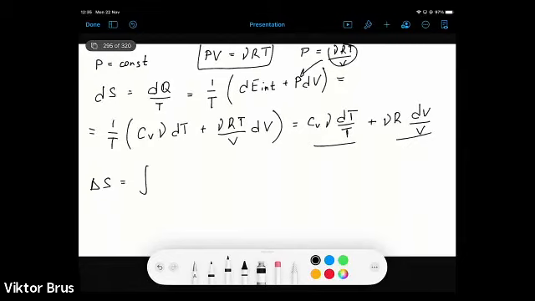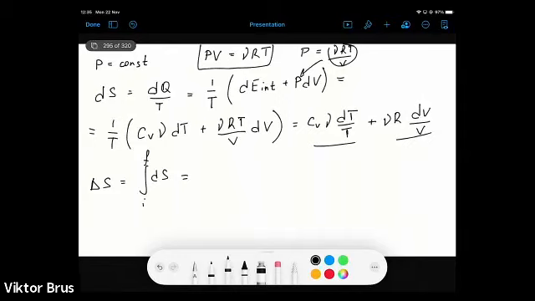That is integral from initial to final state over this differential dS, and that will be integral of these two terms which we got, responsible for change in entropy because of change of temperature and because of change of volume.